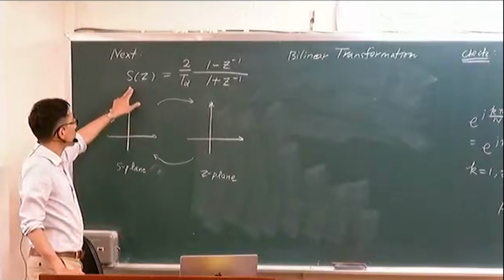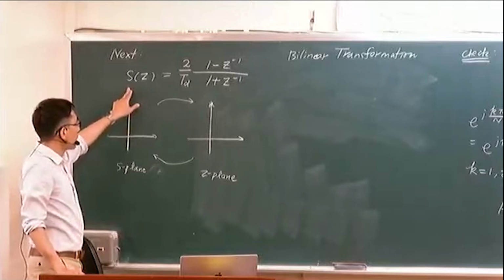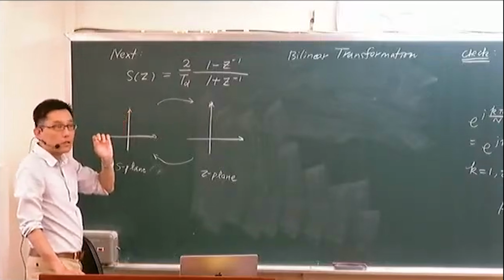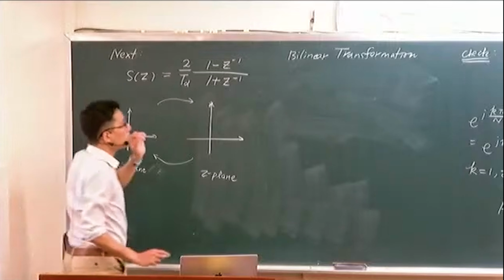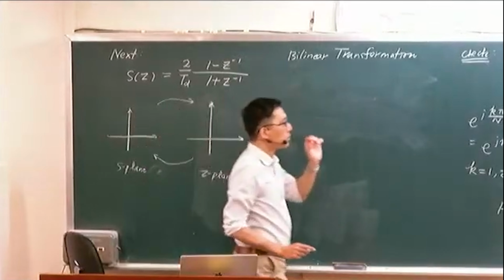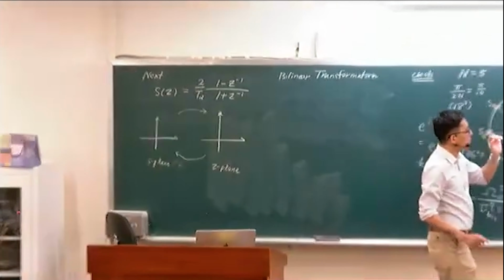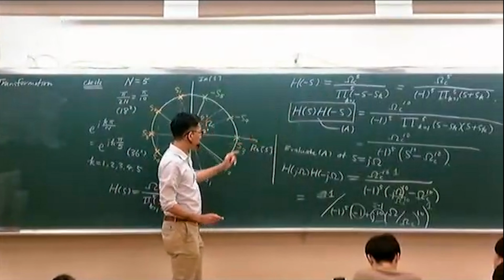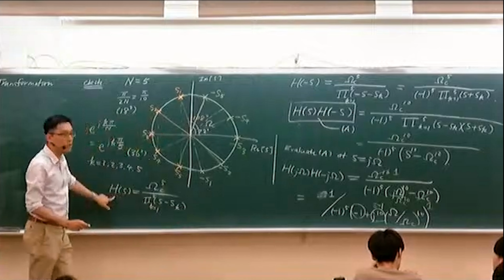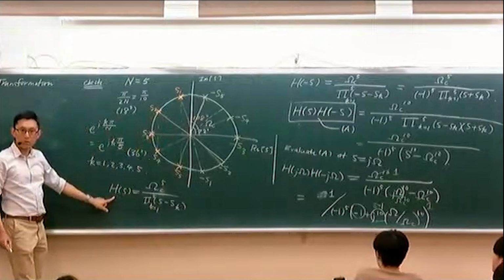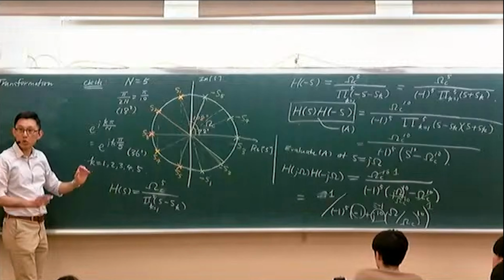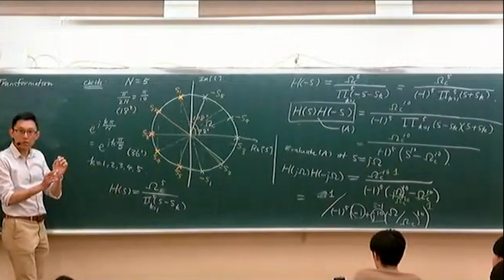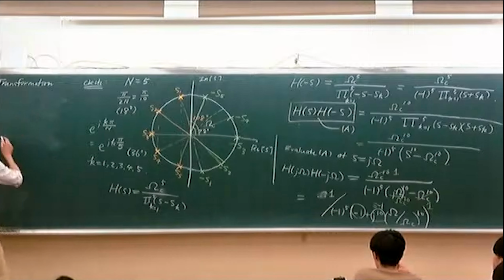Now, given this transformation, we claim that we can design, for any given analog prototype with a known expression of H of S, now our design job is pretty simple.